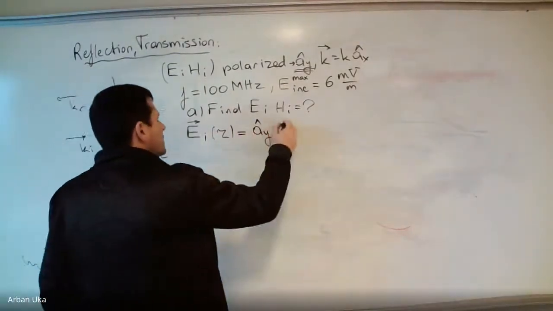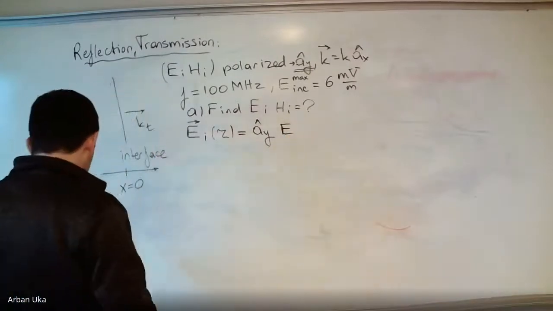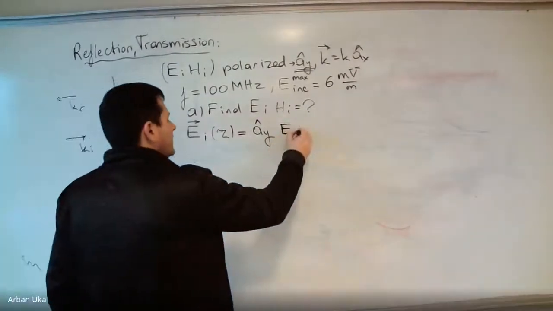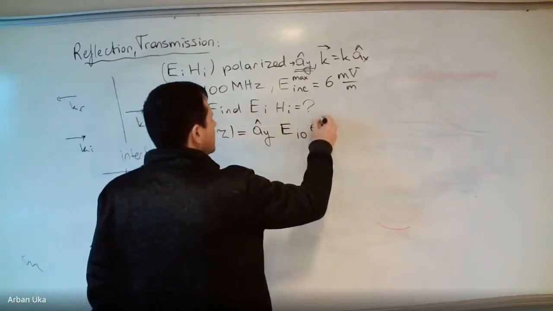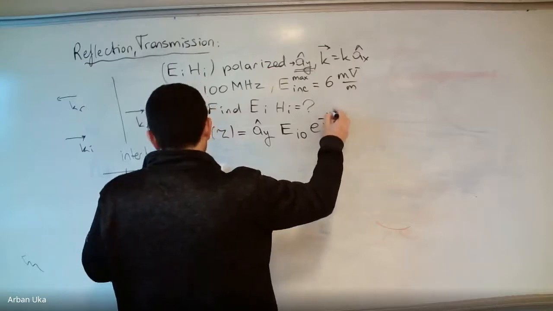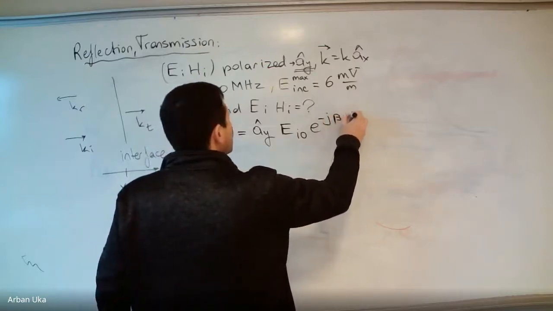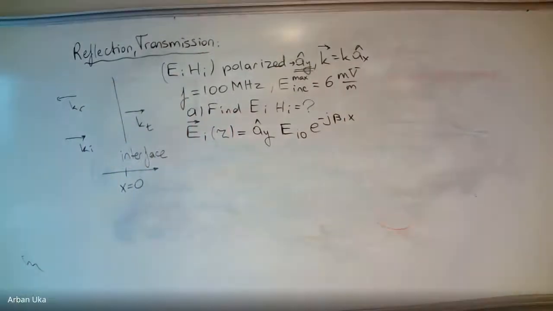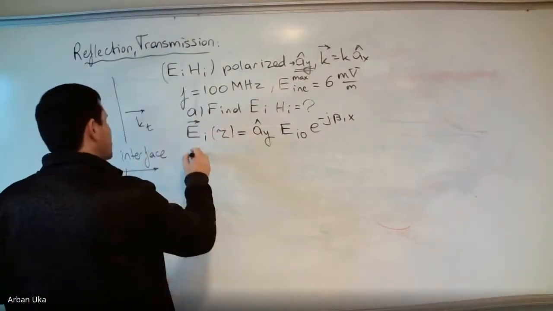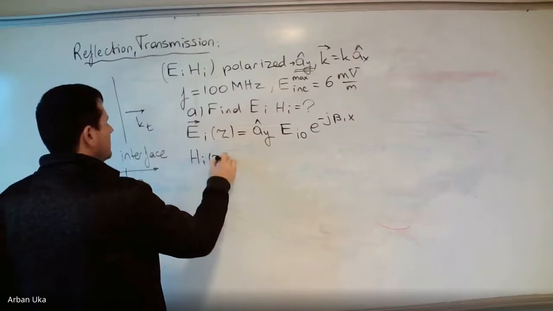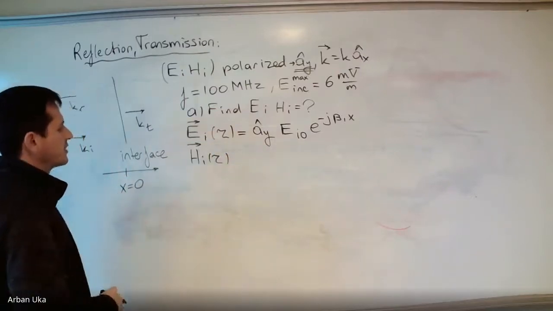Then we multiply this one with E0, E incident 0, this is the amplitude, times the e to the power minus j beta 1 x. Okay, so this is the electric wave associated with the propagating plane wave, and then we have to write down also the HI, the incident magnetic field intensity vector associated.